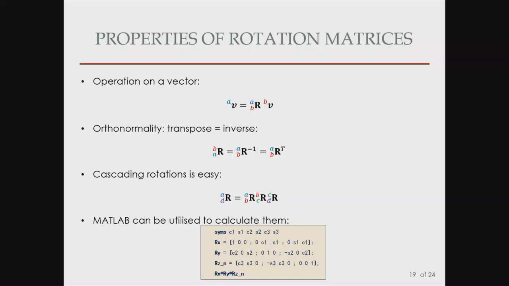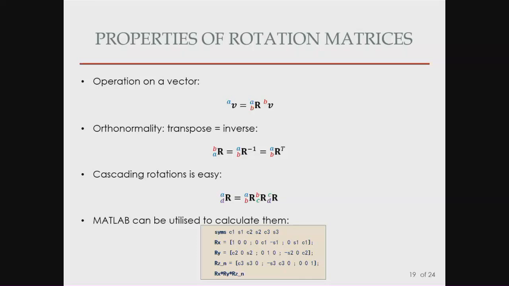So here is an example. I just keyed here a positive rotation about x, a positive rotation about y, and a negative rotation about z, just for the sake of example, and I can multiply them.